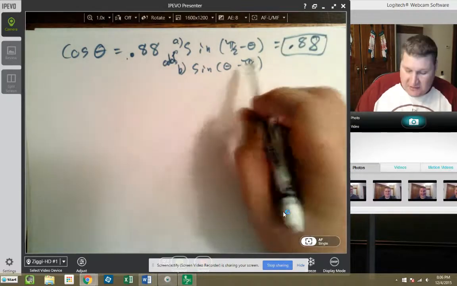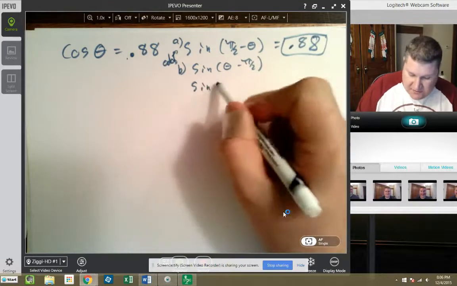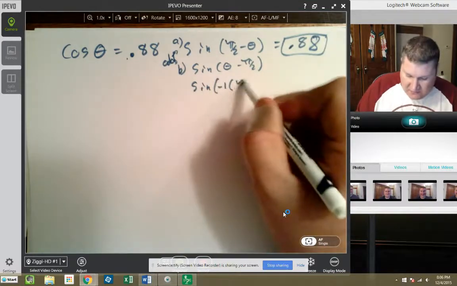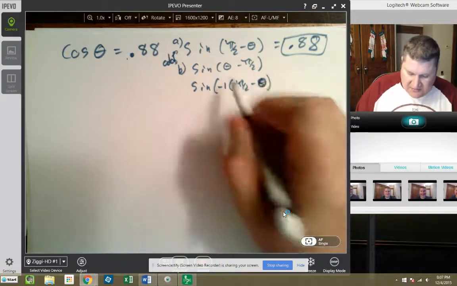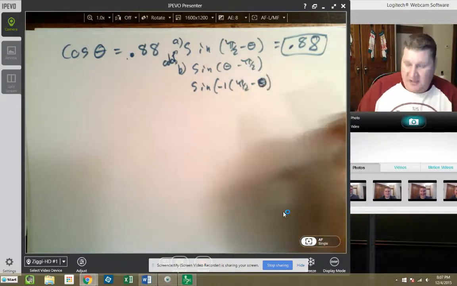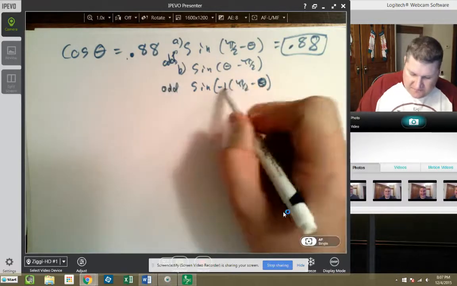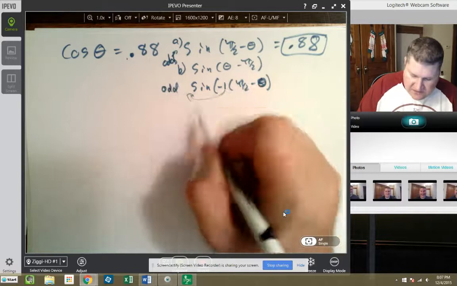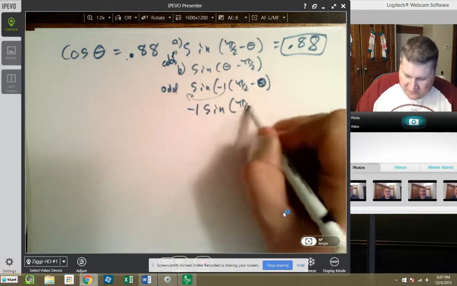Now this one, it's turned around backwards. So to get it turned around correctly, we take a -1 out, which allows us to make the theta negative and the pi over 2 positive. But now, because this is an odd function, the negative is going to come out front, -1 sine of pi over 2 minus theta.